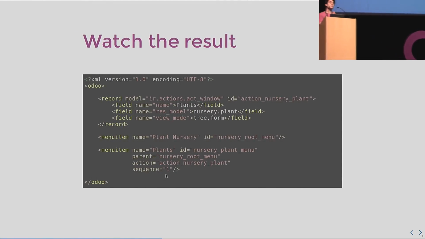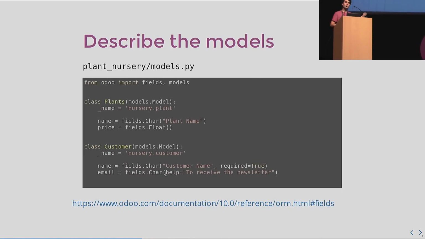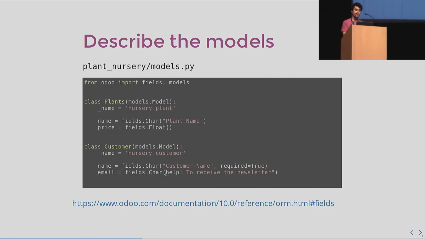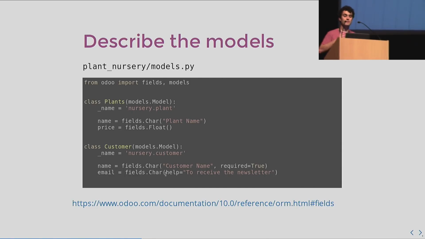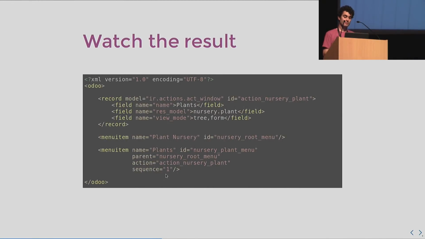Okay, so with this model definition, when I install or upgrade my module, it will have a direct effect on the PostgreSQL database and create the tables, create the columns, add the SQL constraints, everything. But you still see nothing in the interface. Hopefully, it's quite easy. We just need to add some data.